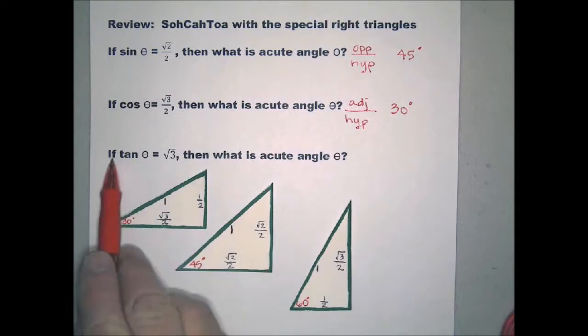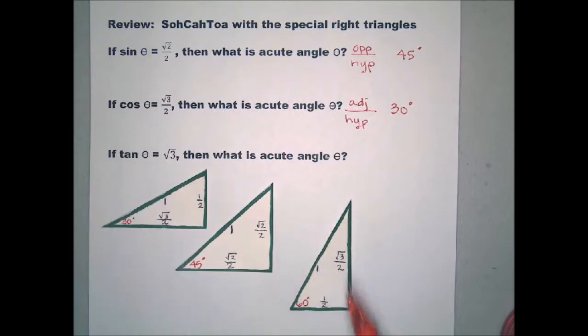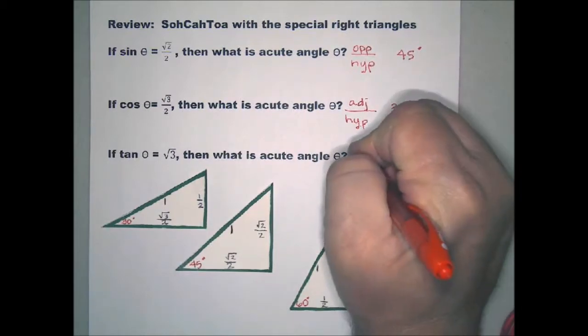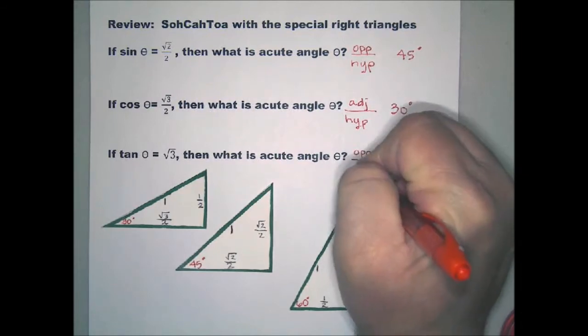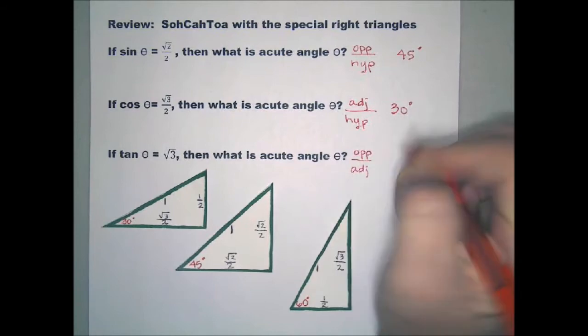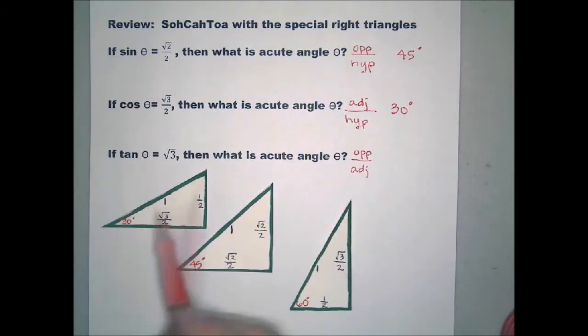Now, this one has a little bit more to it. If the tangent value of theta is square root 3, then what is the acute angle? Well, tangent is opposite over adjacent. So the tangent function doesn't have anything to do with the hypotenuse.